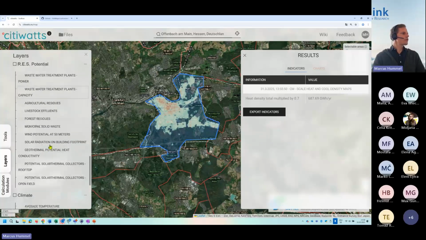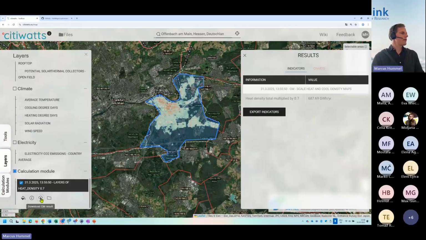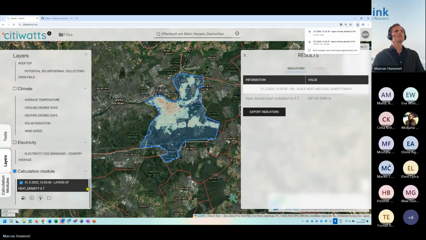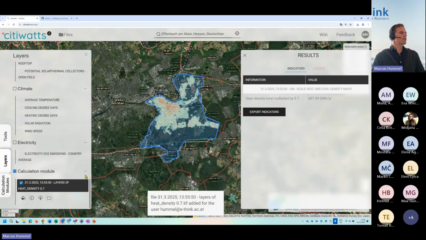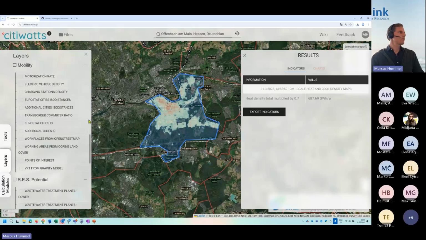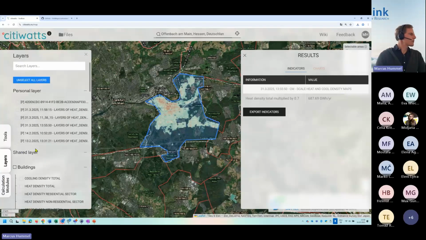What you can do right now is download it, or you can also already save it as a personal layer. What is now done is it's not downloaded, but directly imported into your personal layers. Now it's one of those layers here.